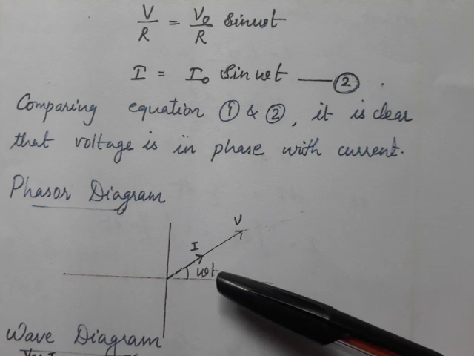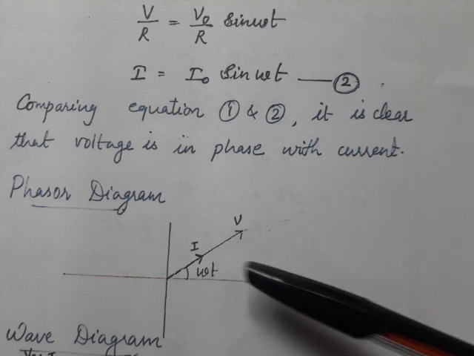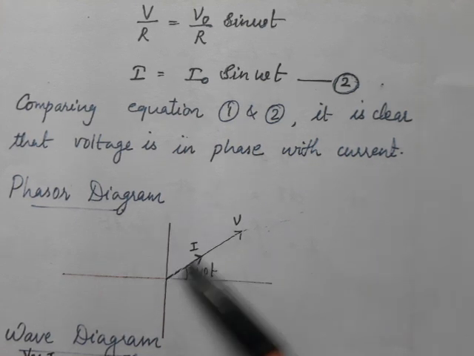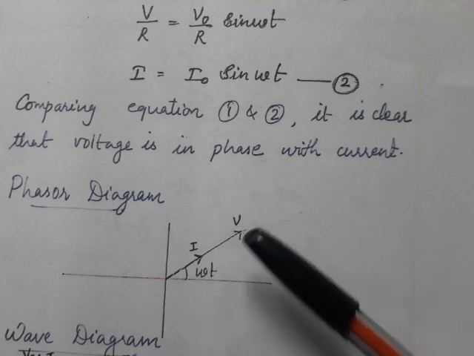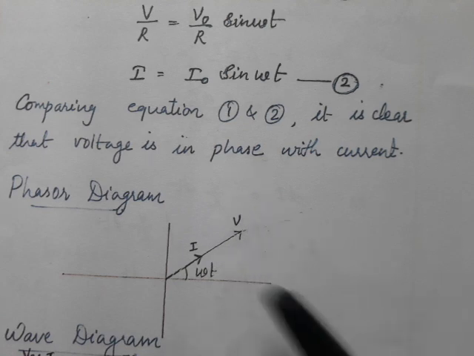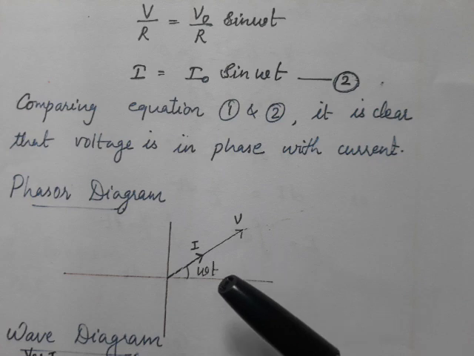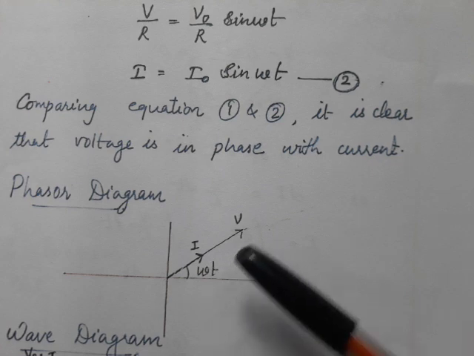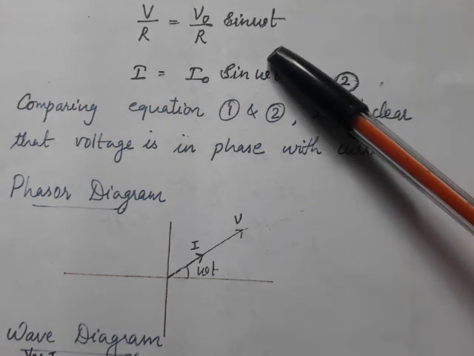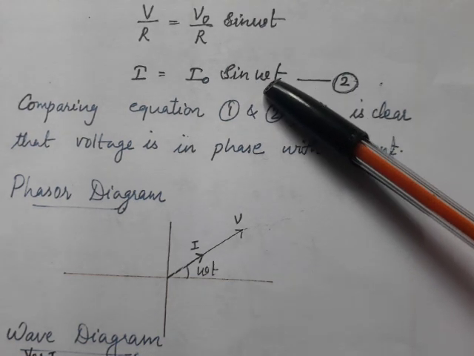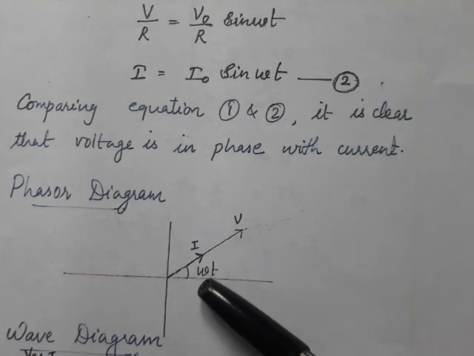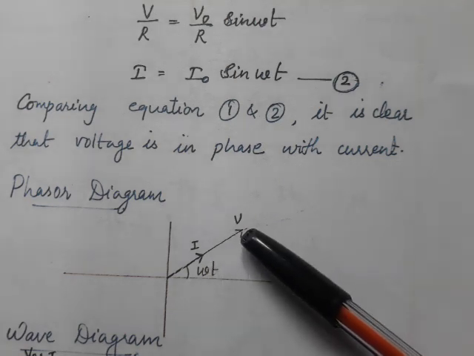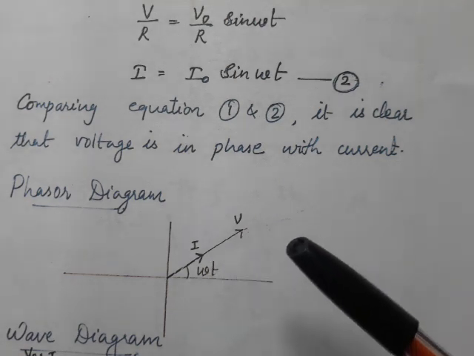We mark that angle from the x-axis, and we first draw the voltage V, because we apply voltage and then we study the current. Whenever we want to draw a phasor diagram, we mark an angle, the angle associated with the sine value here. So here is the angle omega t, and V will be marked.